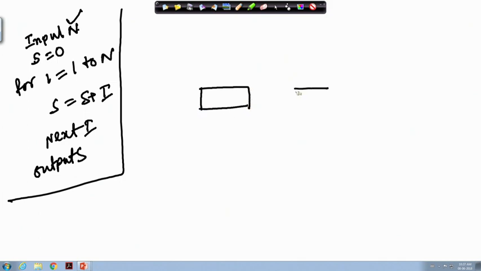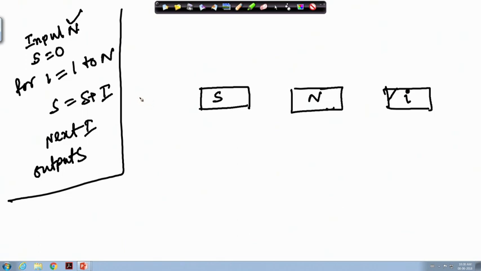I will put them like this. So, this is s, this is n, and this is I. I is basically an up counter, which is counting from 1 to n.